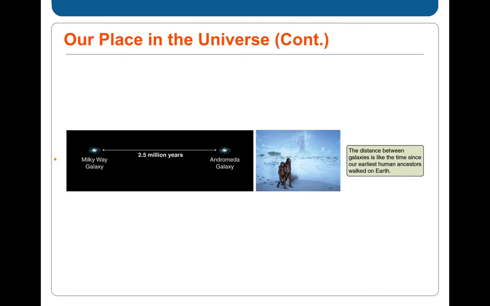So about 2.5 million years ago, we were hominids walking in the savannas in Africa or some other place, and that is when the light that is right now arriving at our telescope left Andromeda.